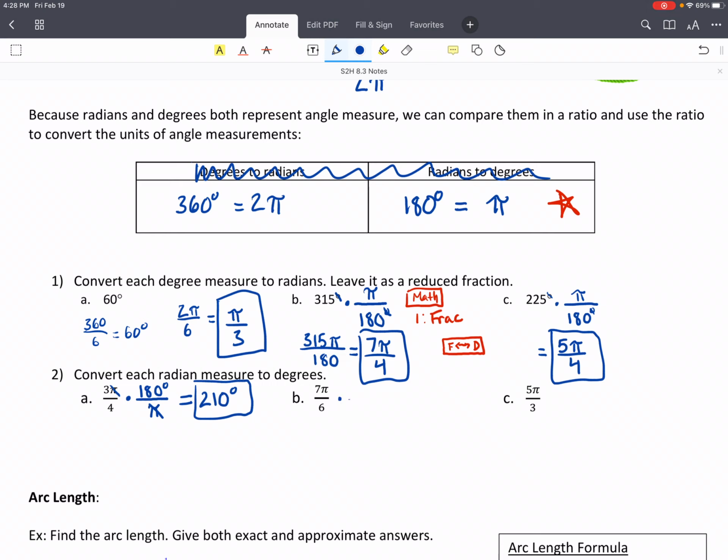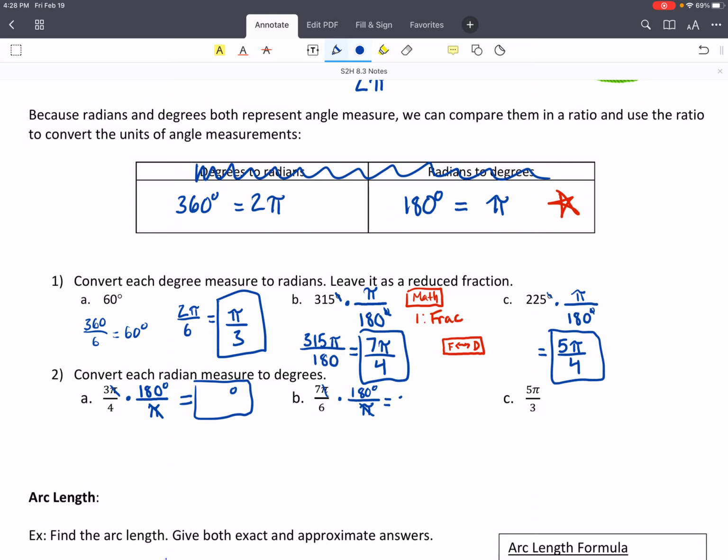Same thing, 180 over pi. That was not a 210 on the first one. Actually, 90 plus 30 is 120. My bad.